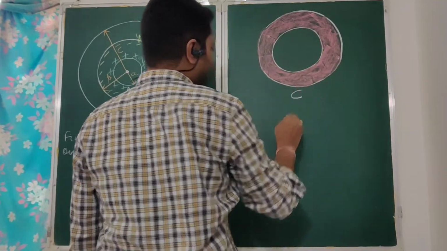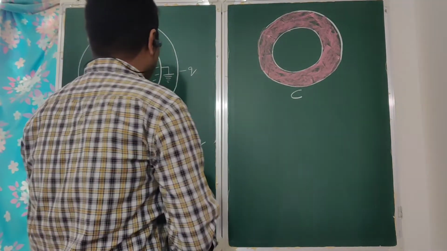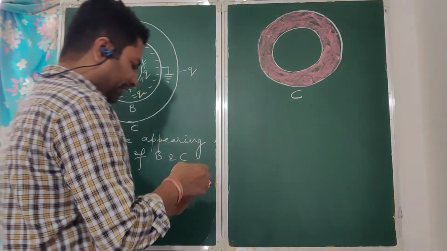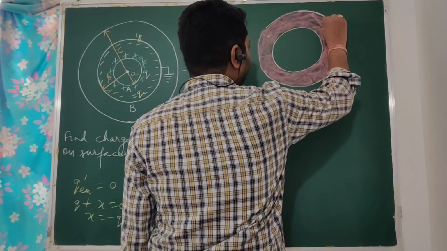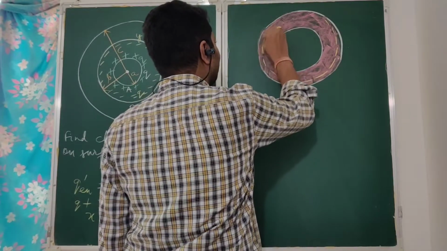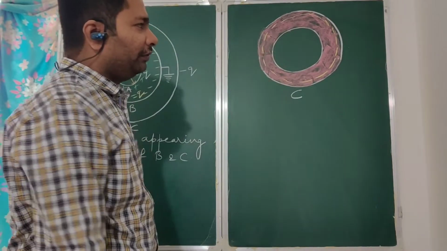This is our sphere C. And what is the net charge? Let us say again, first you have to draw the Gaussian surface. So you just draw it like this. This is your imaginary Gaussian surface just below the outer surface of C.